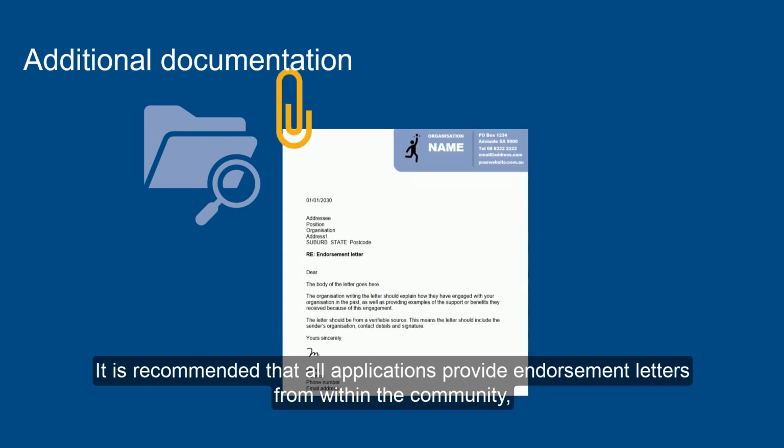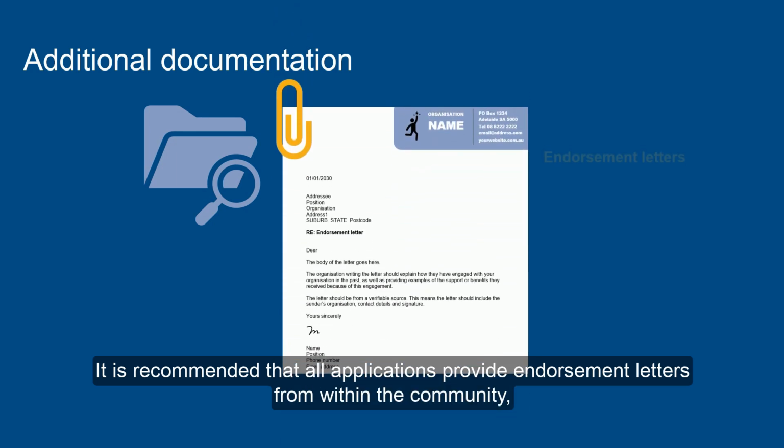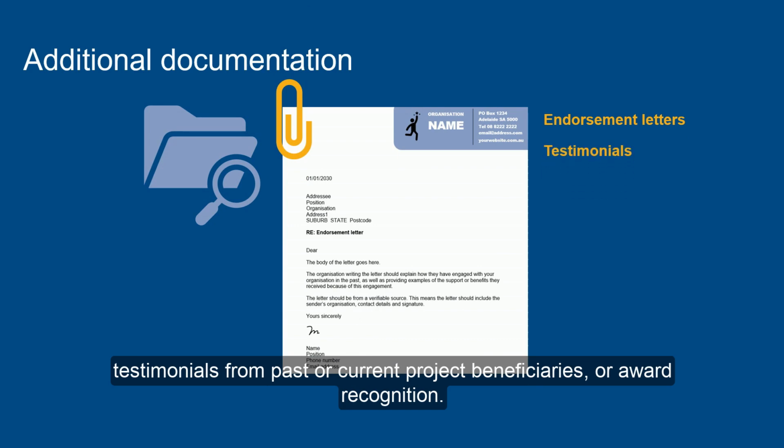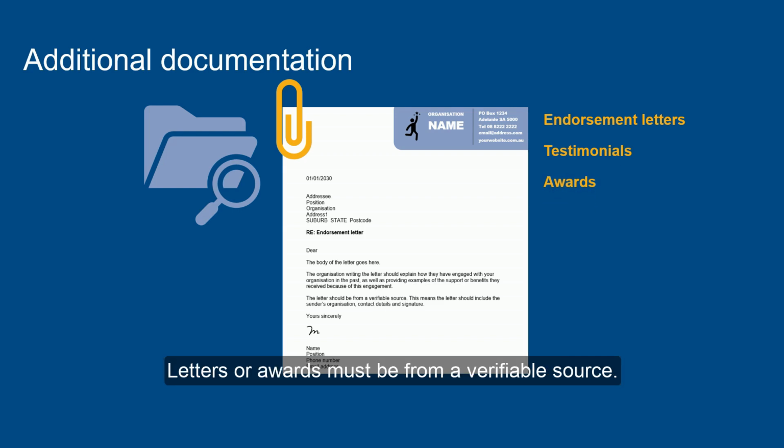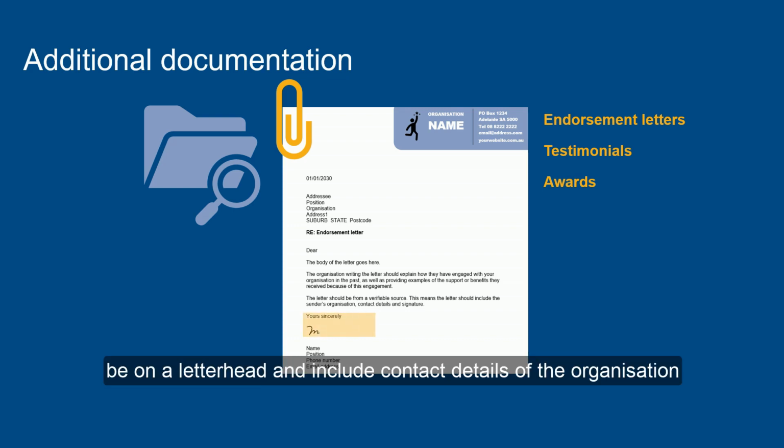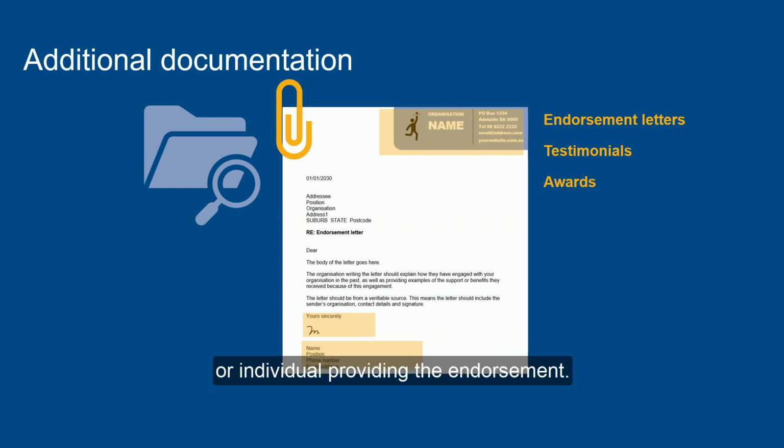It is recommended that all applications provide endorsement letters from within the community, testimonials from past or current project beneficiaries, or award recognition. Letters or awards must be from a verifiable source. Letters must be signed, be on a letterhead, and include contact details of the organization or individual providing the endorsement.